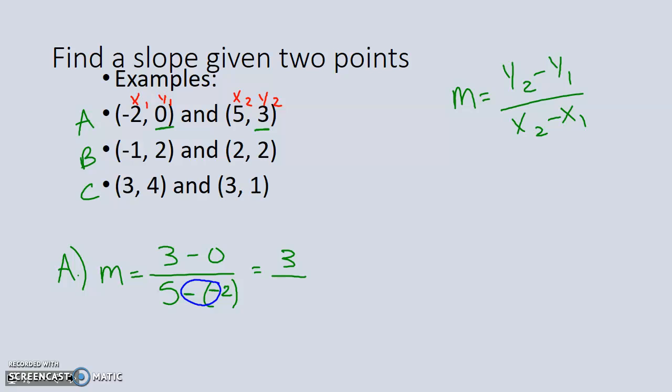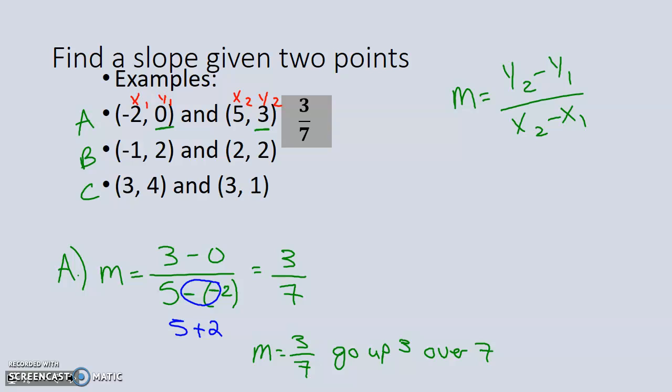It should become 5 plus 2, right? 2 minuses cancel out. Is it lock, change, change, I believe is what they call it. So then 5 plus 2 is 7. So your slope is 3/7. So in other words, you're going to go up 3 over 7 when you go to graph these.